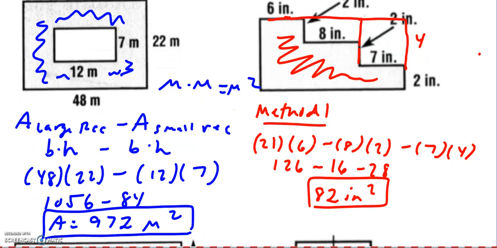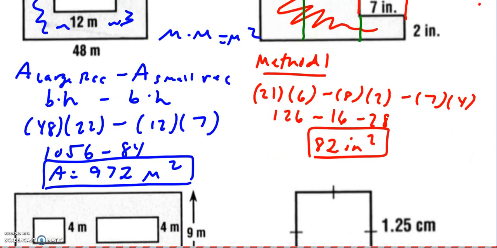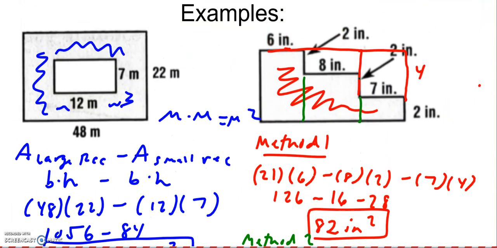If you would prefer another method, you could look at this shape as different rectangles already. Like you could draw in these two segments and do rectangle plus rectangle plus rectangle. So if we did method 2, if you wanted to find the area of this first rectangle, the height, and I'll write it right on the picture, the height of this rectangle would be 2 plus 2 plus 2, or 6.